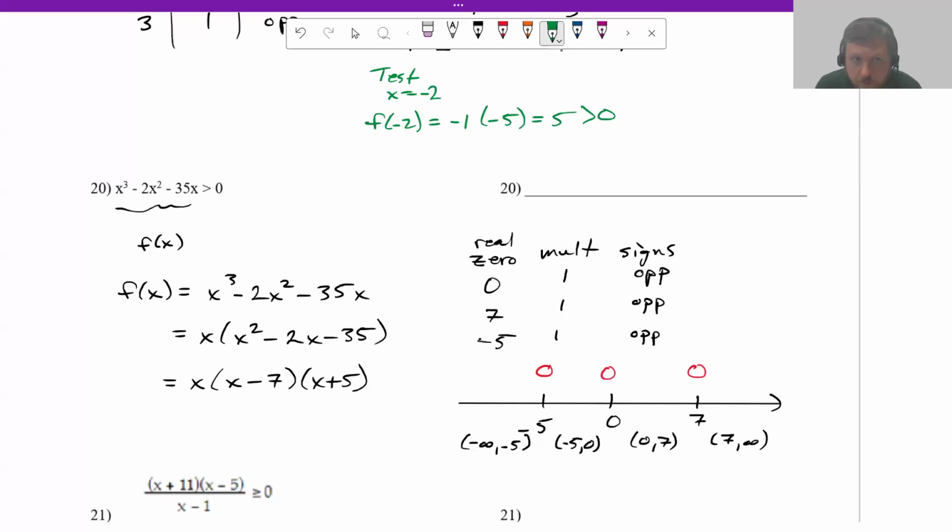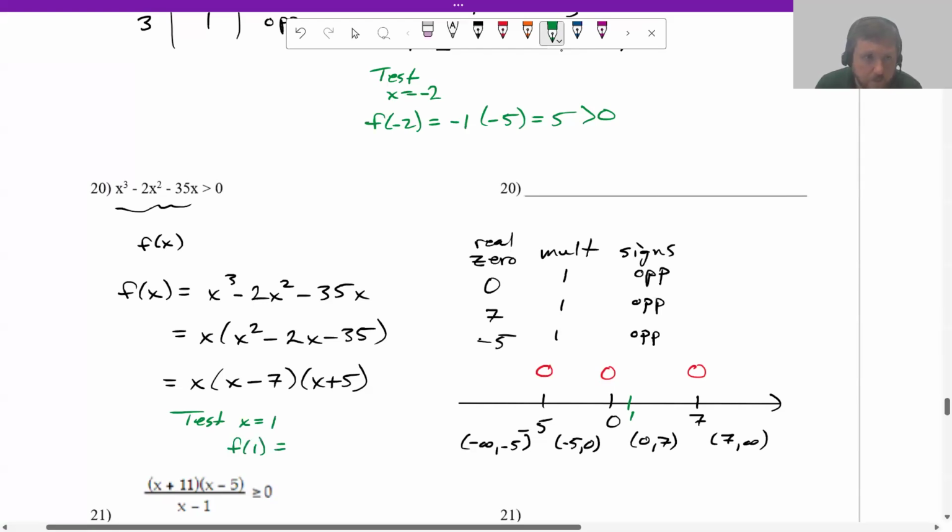And let's just test 1. So test x equals 1. So f of 1, and we have a few ways we could compute that. We could do 1 times -6 times +6, so we get -36.